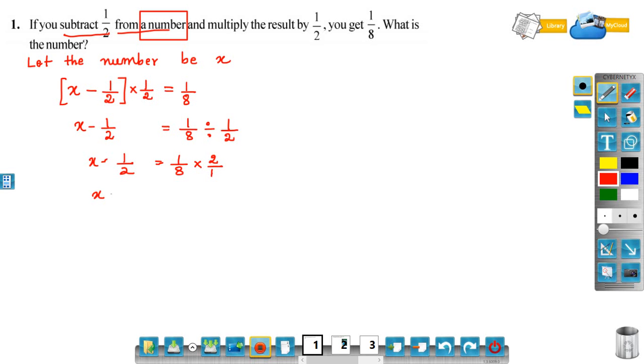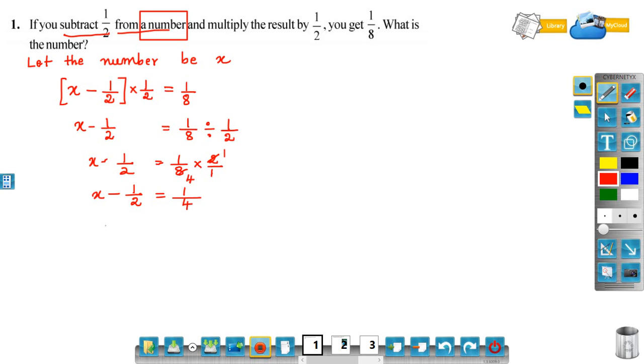So x minus half is equal to, see here, look at the numerators 1 and 2, and the denominators 8 and 1. Here you can cancel, 2 1s are 2, 4 2s are 8. So 1 into 1 is 1, 4 into 1 is 4. Now we have to move minus half to the right side.